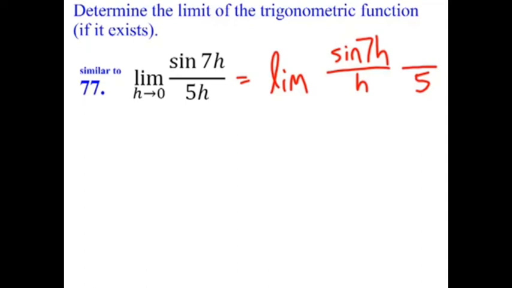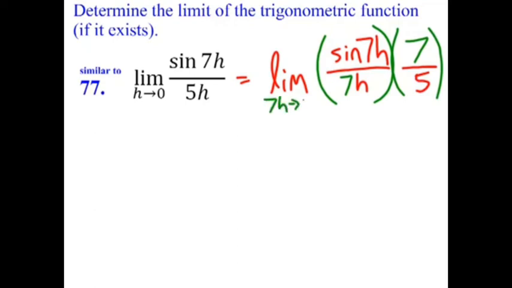Then what I will do, I will multiply 7 in the denominator. If I multiply 7 in the denominator, I must multiply 7 also in the numerator. So if I close the bracket, the things are like this. 7 will get cancelled and we will have the value to be sine 7h divided by 5h, right?